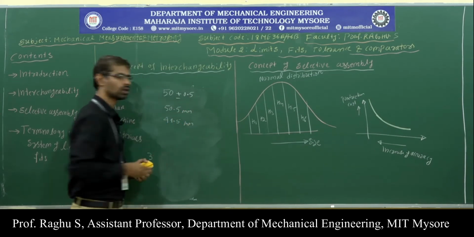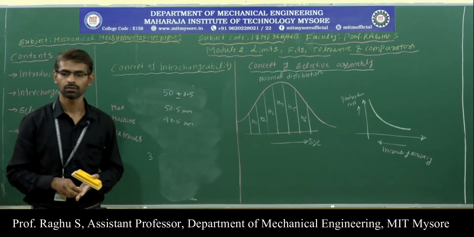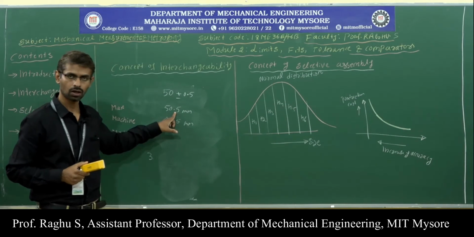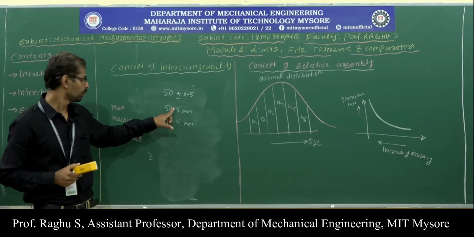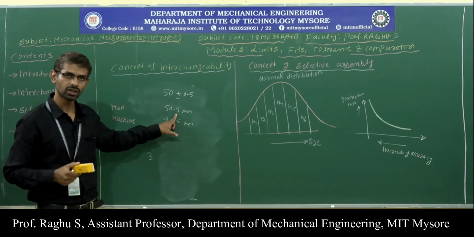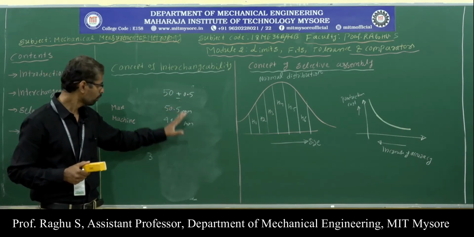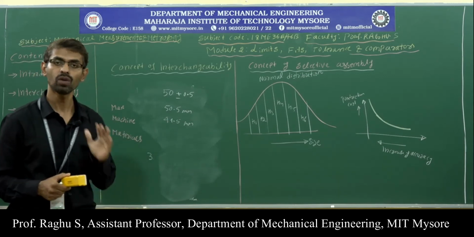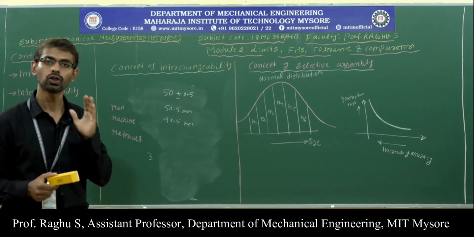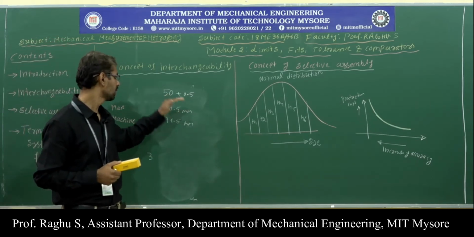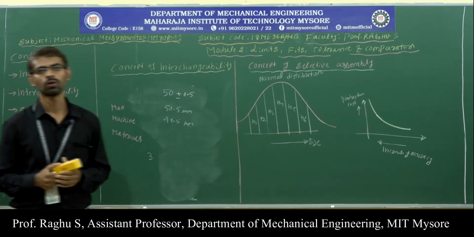Now the shaft will be acceptable if the dimension of the shaft lies between these two limits. If the dimension does not lie between these two limits, then the part will not be considered; it will be rejected. So in order to reduce the rejection of components, the dimension of the part must lie between these two limits.